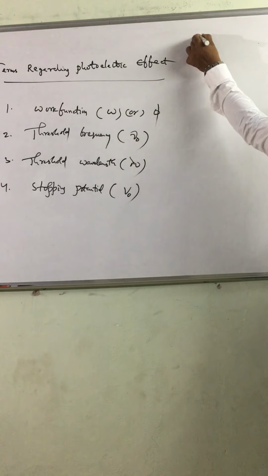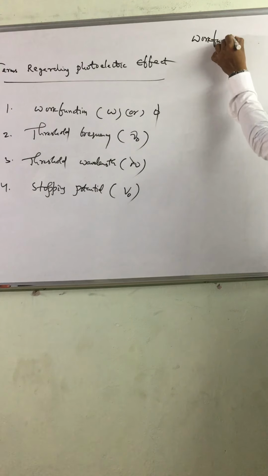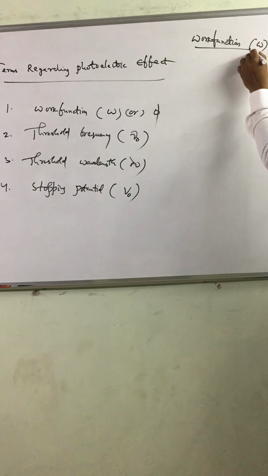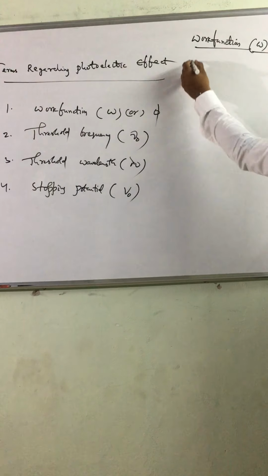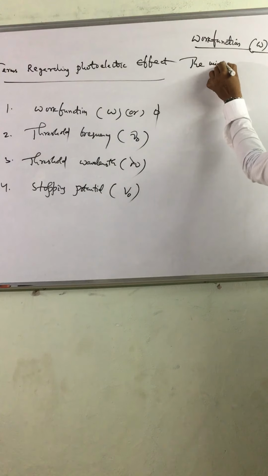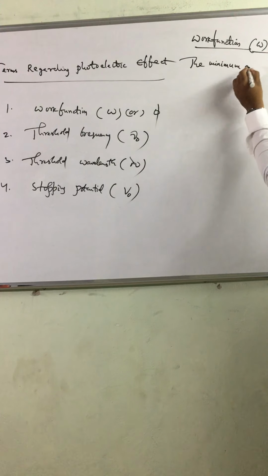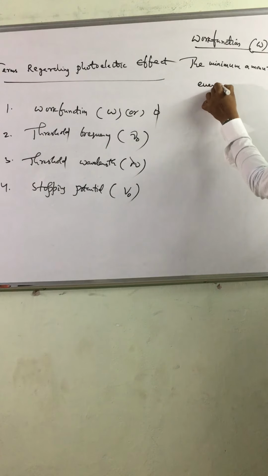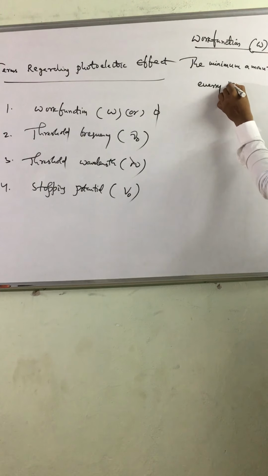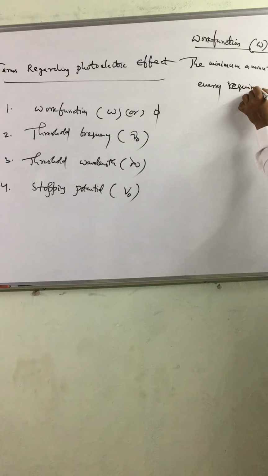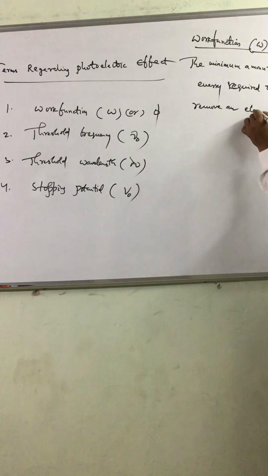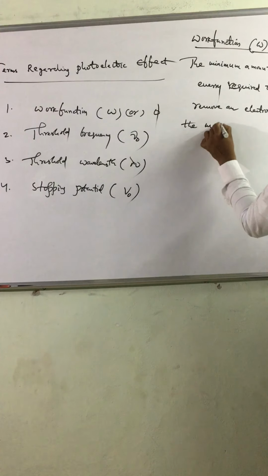So what is work function? Work function means the minimum amount of energy required to remove an electron from the metal surface.